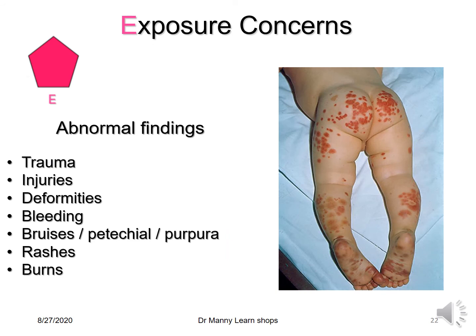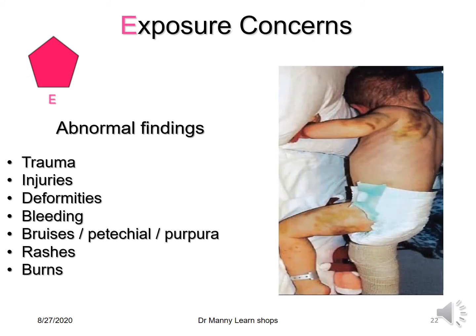Exposure concerns deal with abnormal findings such as trauma, injuries, deformities. It could deal with hemorrhage or bleeding, bruises, which could be small petechiae or large purpura, which could occur in a number of different situations that deal with clotting anomalies related to certain infections.